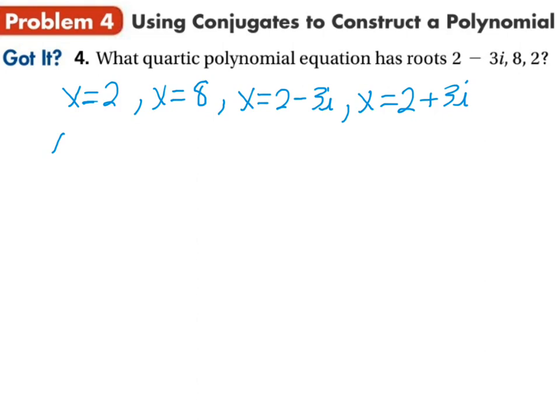So I know for sure that x equals 2, x equals 8, and then x equals 2 minus 3i. The conjugate has to also be there, x equals 2 plus 3i. And you notice that gives me my 4 roots. So what I'm doing is I'm just setting x equal to each one of them. And then I'm going to work backwards here, and I'm going to try to come up with that quartic polynomial.